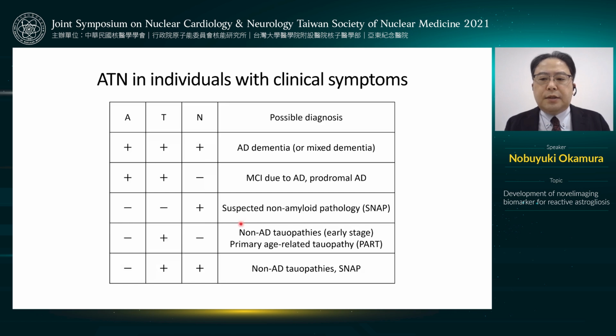This is a heterogeneous group, including primary age-related tauopathies and limbic-predominant age-related TDP-43 encephalopathies. And if a patient is amyloid negative but tau positive, they are suspected to have non-AD tauopathies or primary age-related tauopathy.